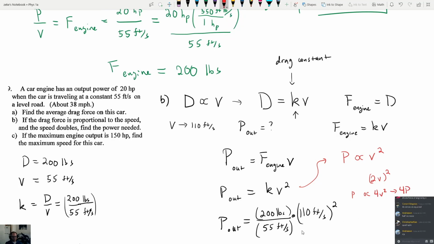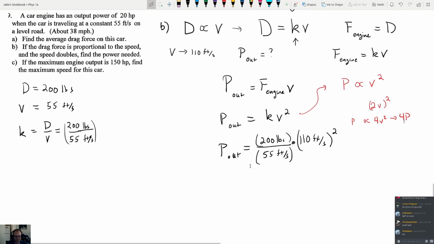So our equation here should give us the same answer. We should get 80 out of this. But it's going to be in foot-pounds per second. So we have 200 times 110, which is 2 times this. So this is going to be, it looks like 800. Wait, 800?